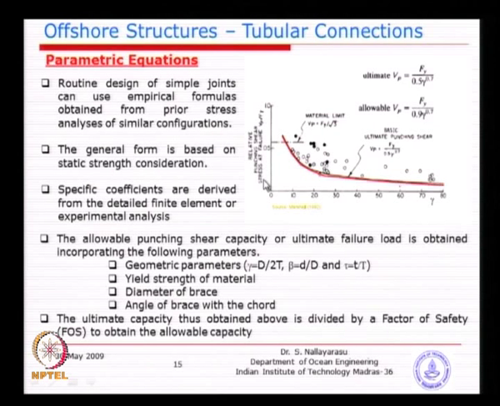So it is purely based on experimental studies, and the relationship between the capacity and the parent variable is, I would say, simple interpolation. You do 2 experiments, so in between it might behave in a similar manner. That is called a parametric equation, which is nothing but a semi-empirical idea.